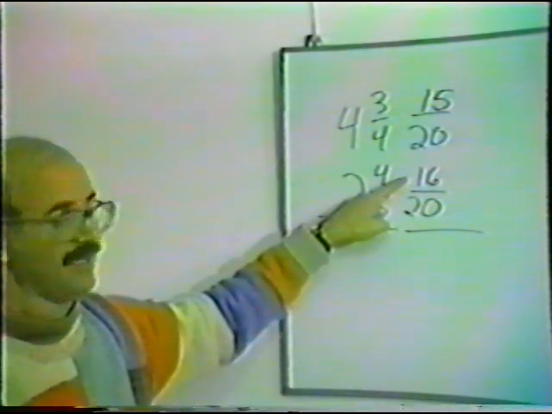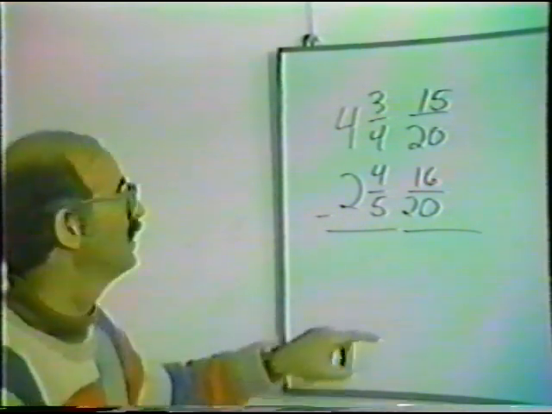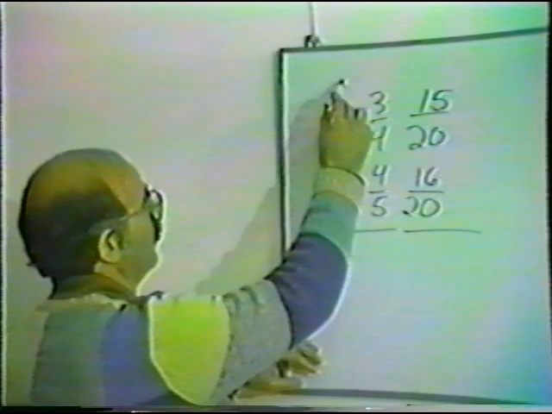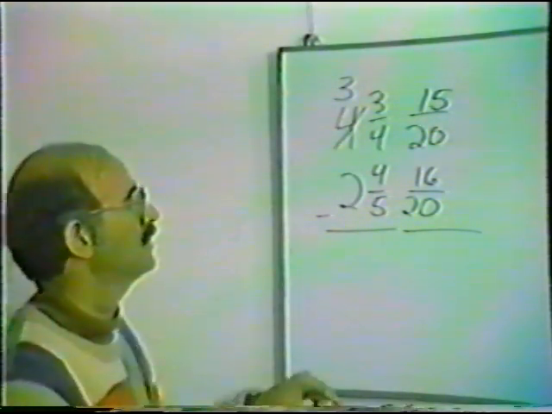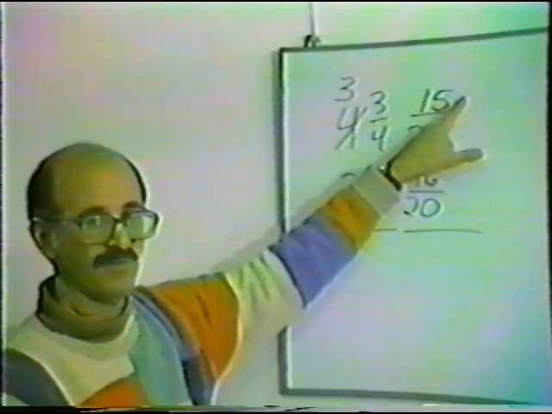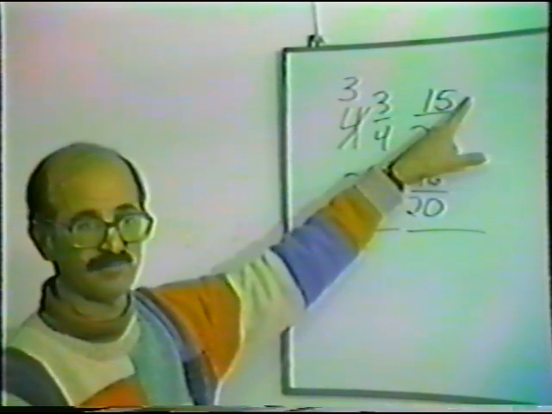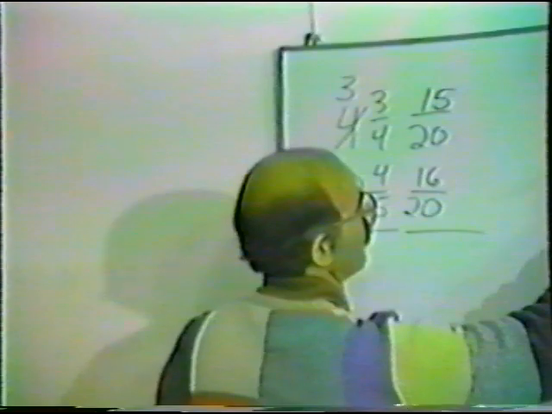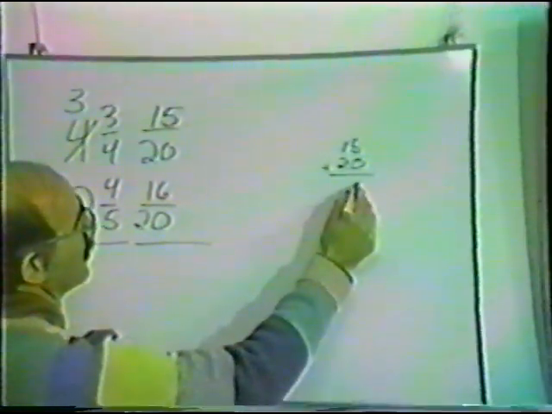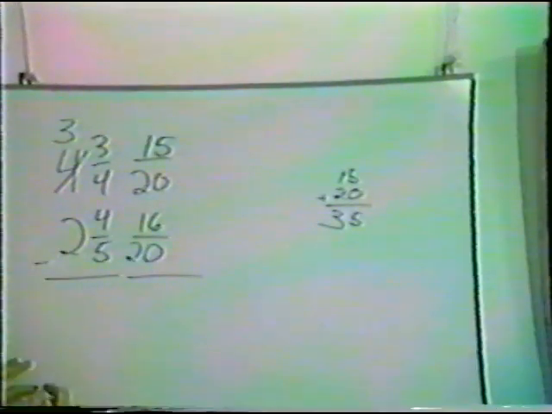Can't do. The 4 becomes a 3. You cut your pie into 20 20ths plus the 15 you already had. How much is 15 plus 20? 35.